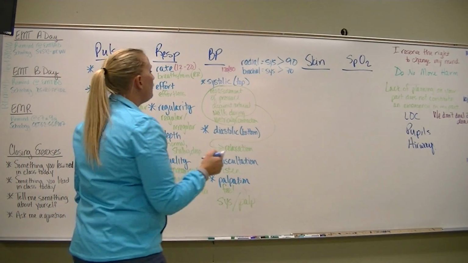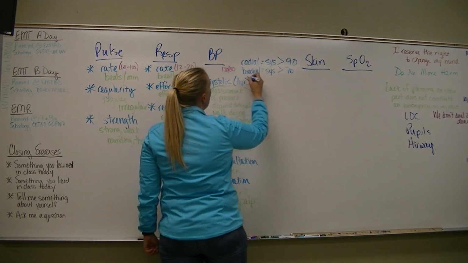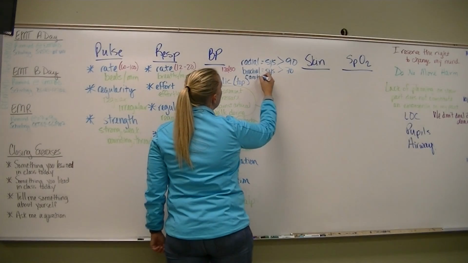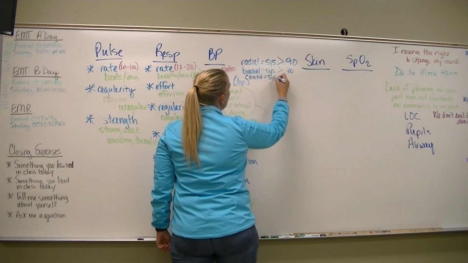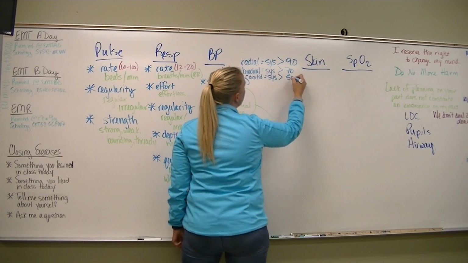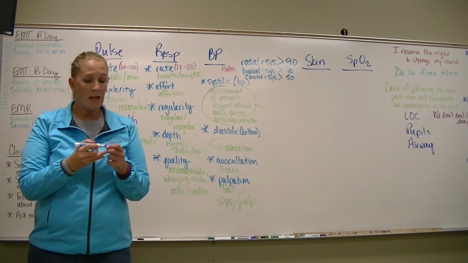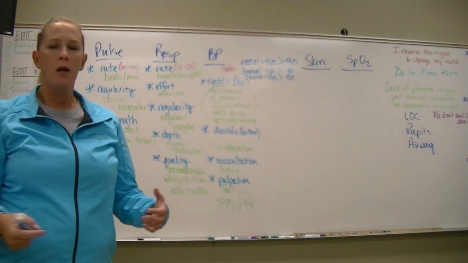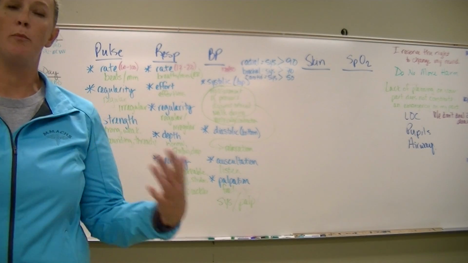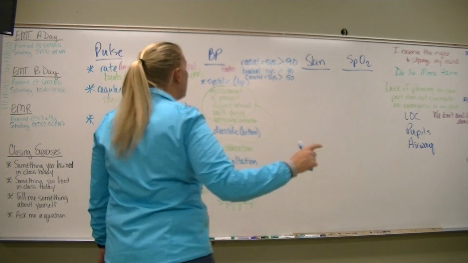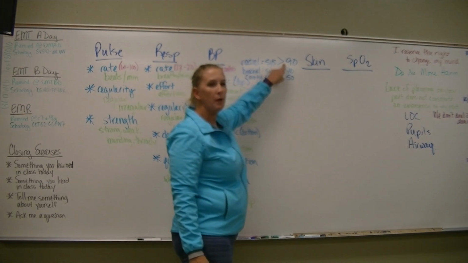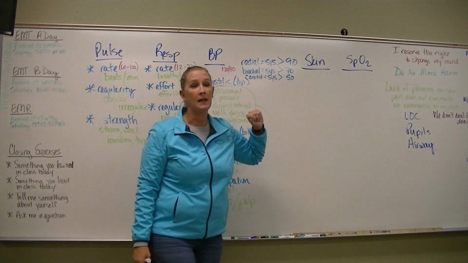If you can't find a brachial or femoral but can find a carotid, it equals a systolic of greater than 50. So if you can't take a blood pressure, you can get a good idea of the systolic pressure by where you can find a pulse.